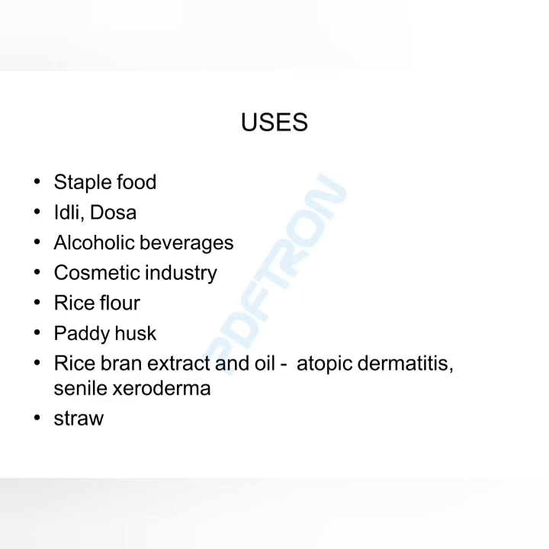Some people will just grind the rice into a very fine powder and make it a paste, and they will apply it on the face directly. So it actually has a medicinal property.